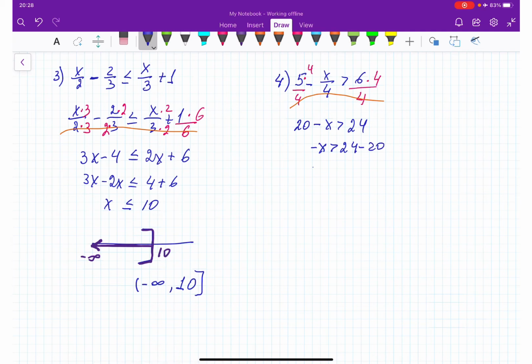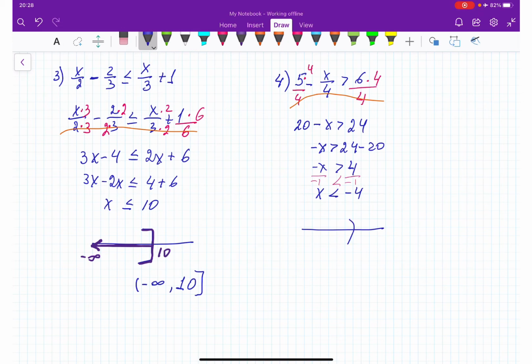Yes, negative x is greater than positive 4. But at this point, x is less than negative 4, right? Because we are dividing by negative 1, and here we flip the sign. So now let's graph the solution. It's less than, so the equal sign is missing.